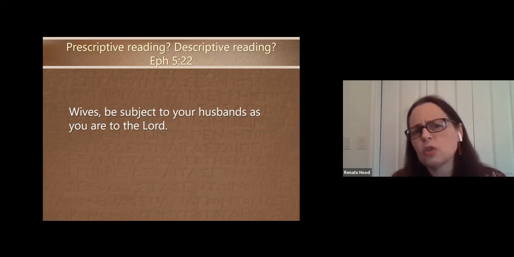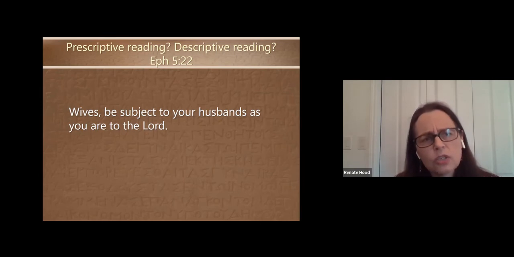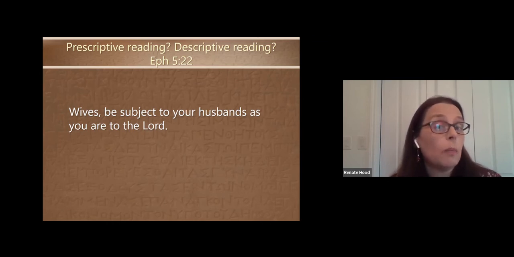And this is really an encouragement for leaders to be resourceful and kind and to work with relationships in light of culture. So our culture is really not shifting towards patriarchy. Our culture is shifting the other way, where women are equal partners. And that would be the descriptive reading.